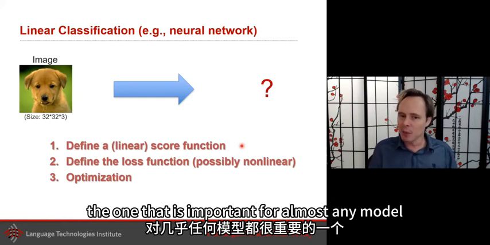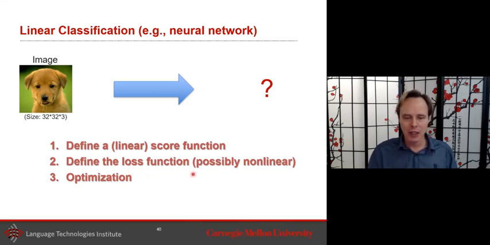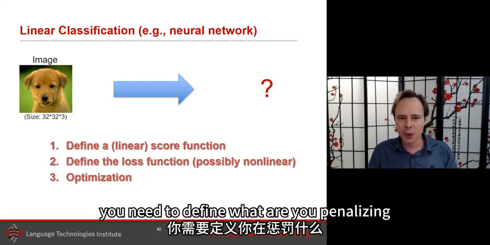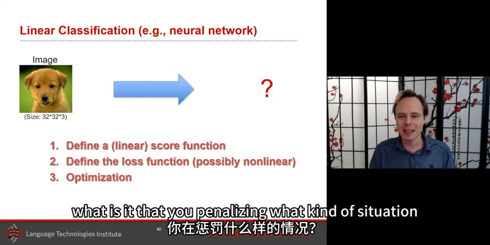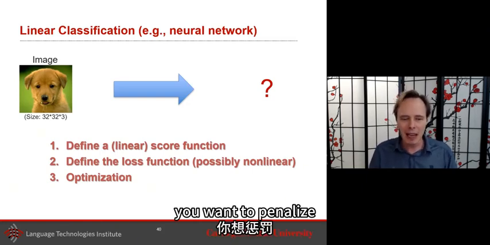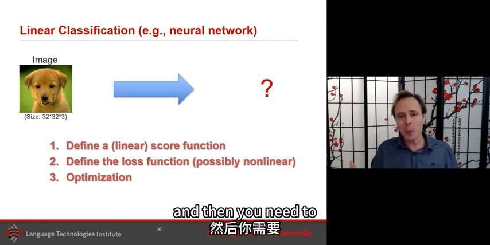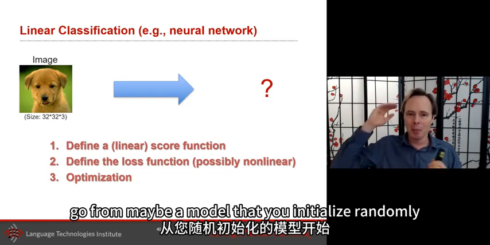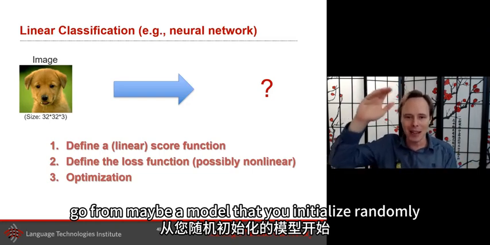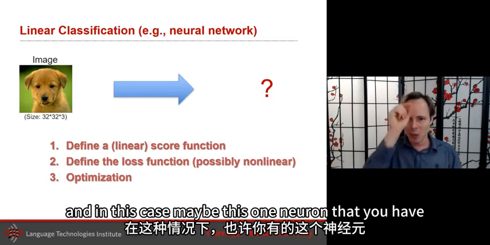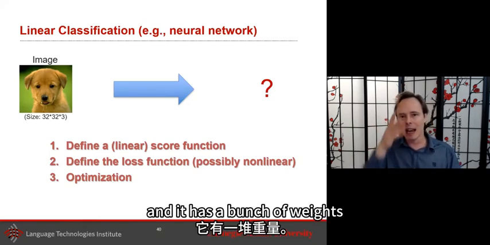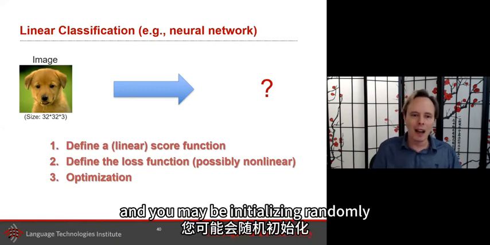The one that is important for almost any model is the loss function. You need to define what it is that you're penalizing, what kind of situation you want to penalize. And then you need to go from maybe a model that you initialize randomly, in this case maybe this one neuron that you have, and it has a bunch of weights, and you may be initializing randomly.